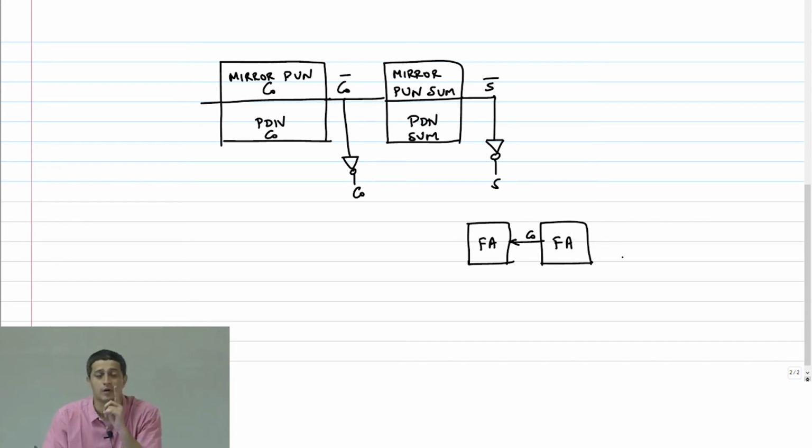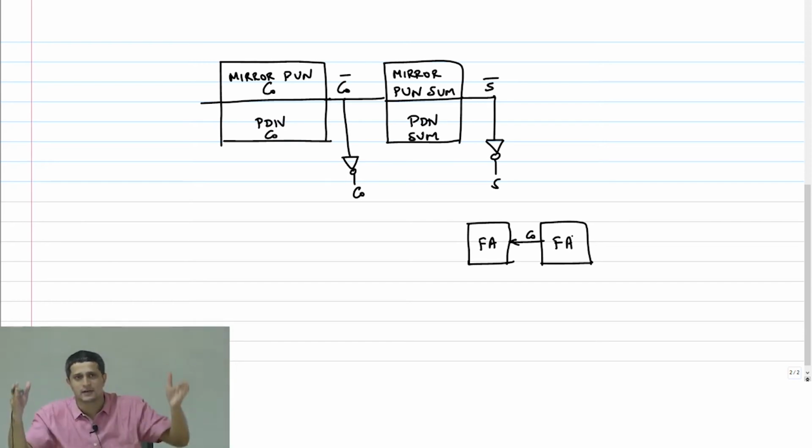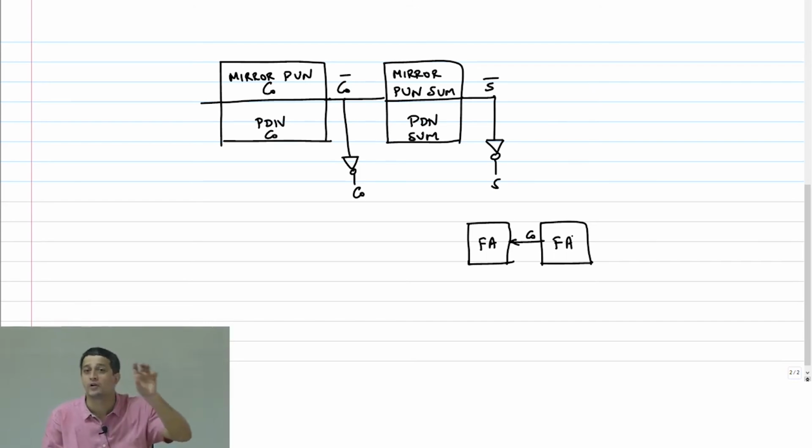Because this is an array structure, I cannot do gate sizing where I make this full adder very small and the next full adder large. It's better to have a nice array structure, especially when you go to multipliers and all that. It's better to keep the layout the same. So it's effectively the same full adder that gets repeated, and I cannot use those inverters as buffers and speed up that path. It's the same inverter, right? So effectively, I am going to add n inverters into this path.